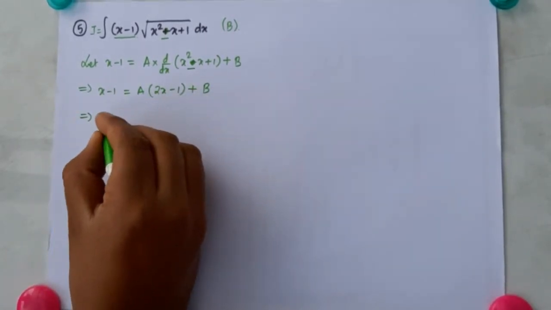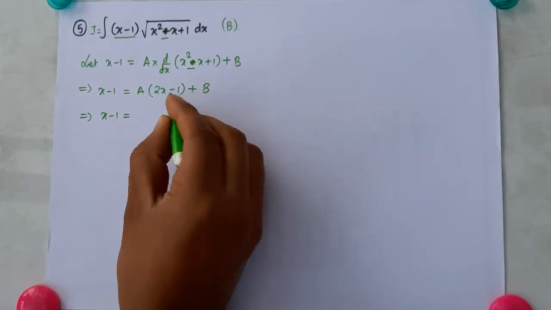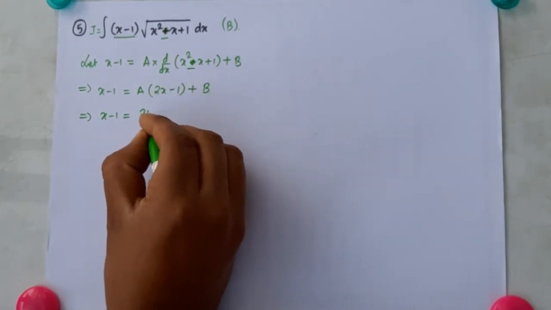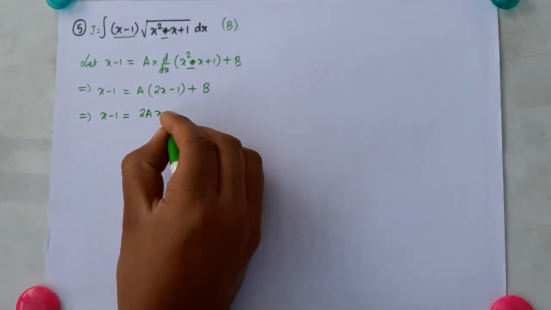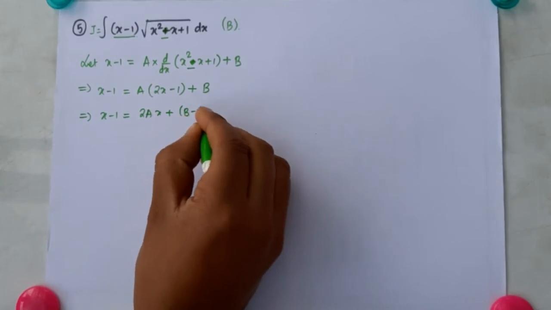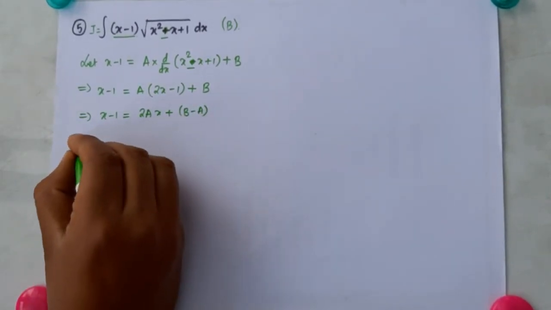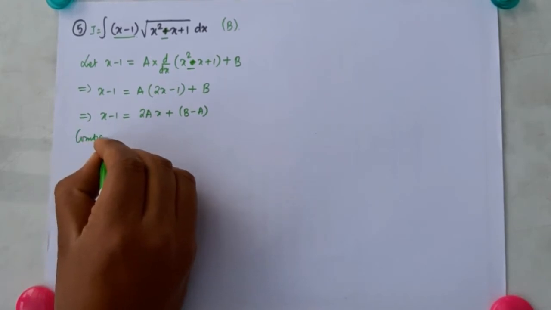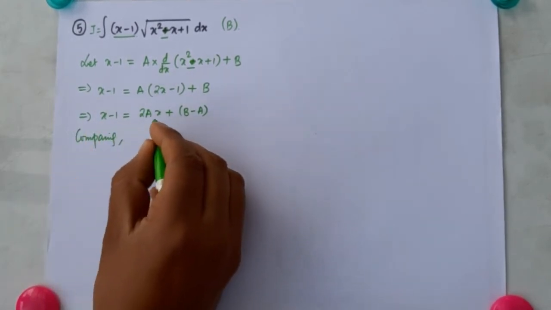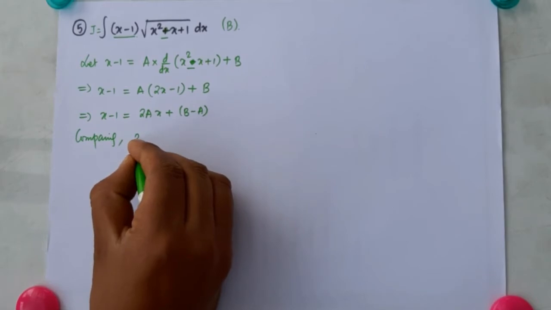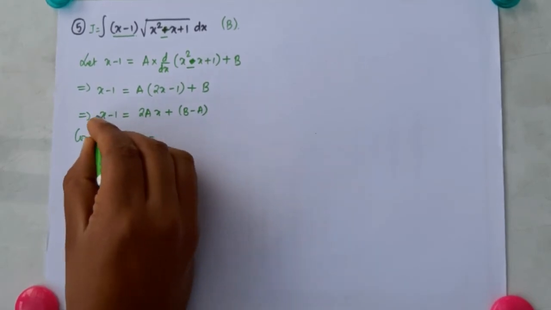Now let's separate the x term and the constant term. So you get 2ax plus b minus a, isn't it? Please check. So comparing both sides, the coefficient of x here is 2a and the coefficient of x here is 1.